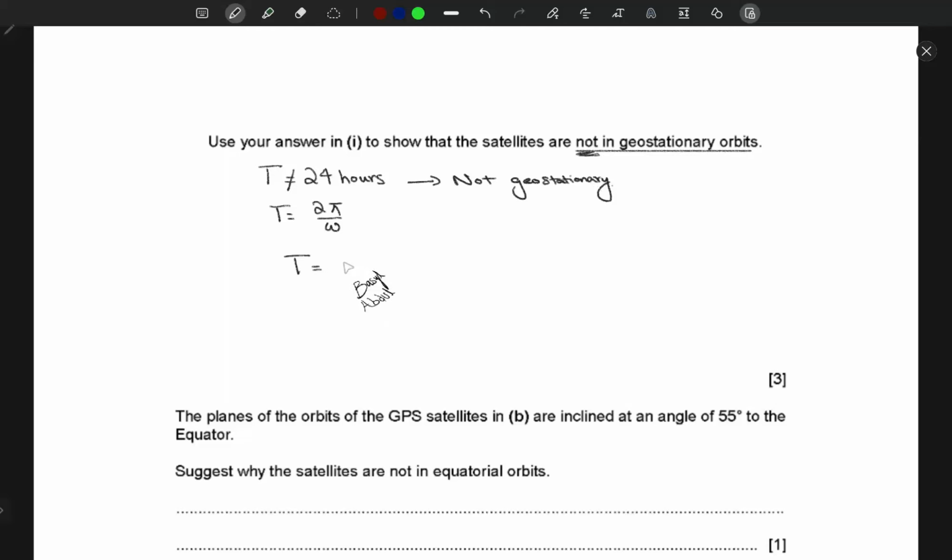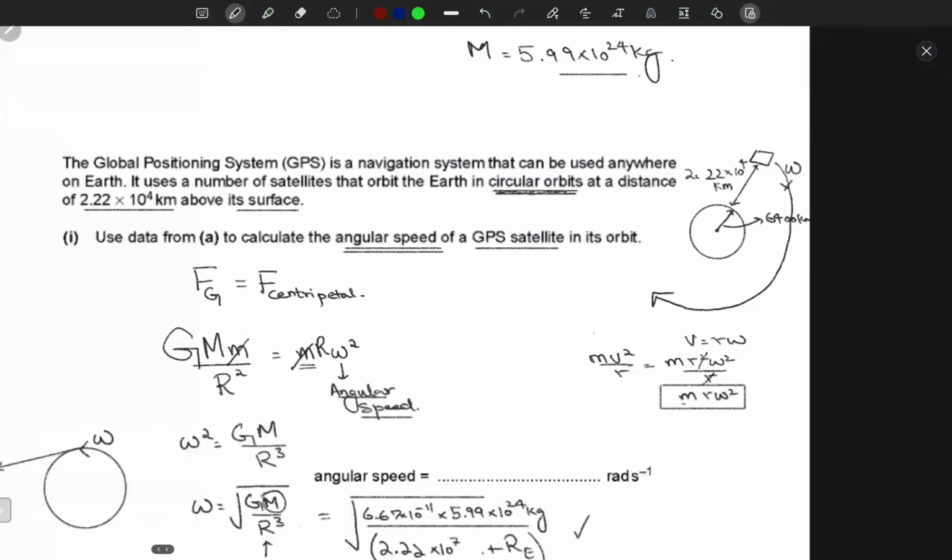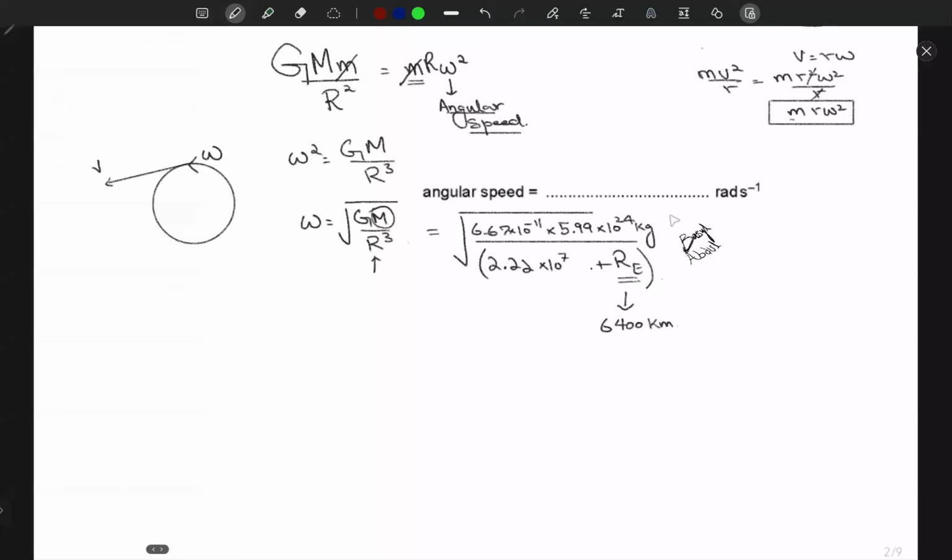From the previous part we found the value of omega, which I did not put in a calculator, but let me quickly check what you get so I can use this in the time period. Okay, give me a second. Okay, so it's about 1.3 times 10 to the power minus 4 radians per second, right? So this is the value for the angular speed omega.